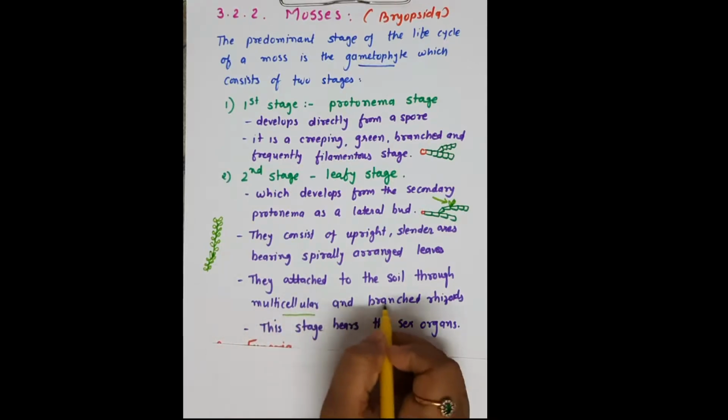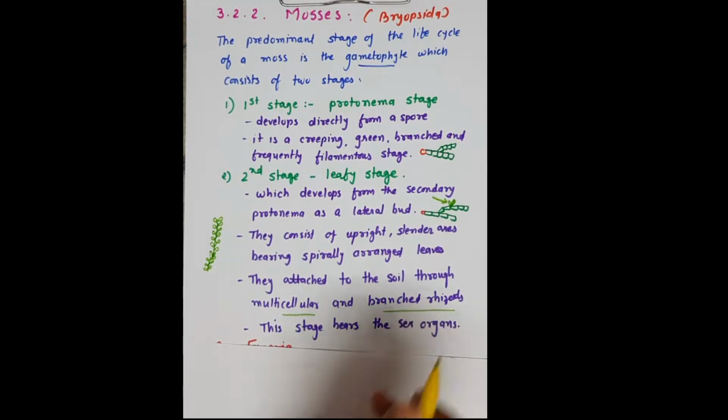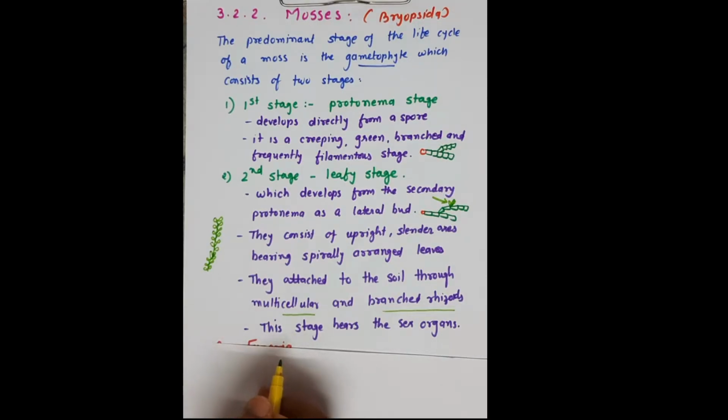Most important, multicellular and branched rhizoids. And this stage bears the sex organs. This is the stage in which the sex organs are present, the leafy stage. And these rhizoids are multicellular and branched.